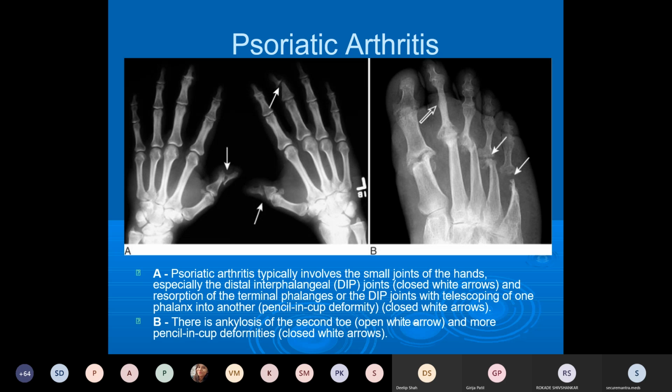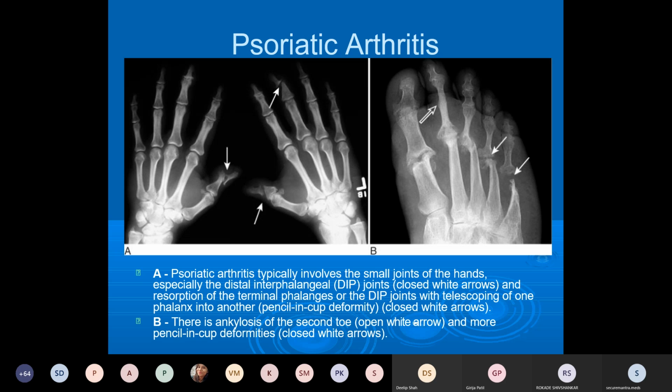You can see here the tapering of the end, and it is called a pencil-in-cup deformity. Mostly it involves the small joints, distal interphalangeal joint, and pencil-in-cup deformity. If there is this typical picture, we can call it psoriatic arthritis.